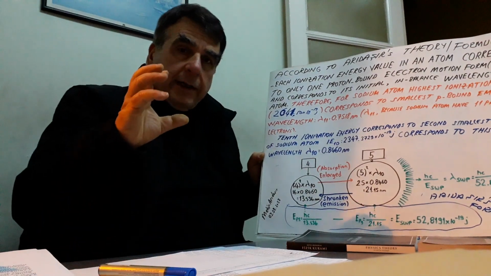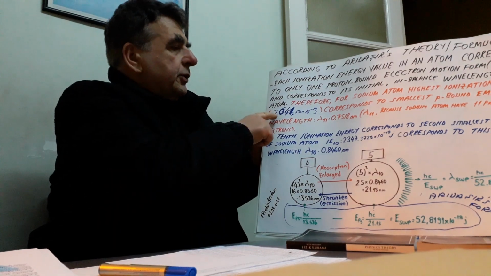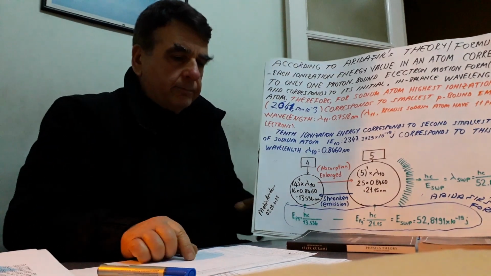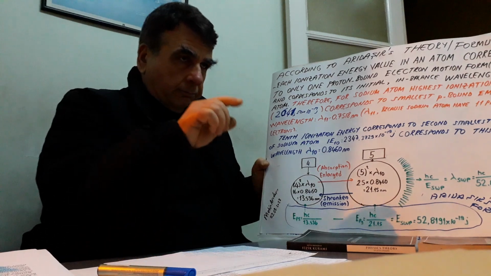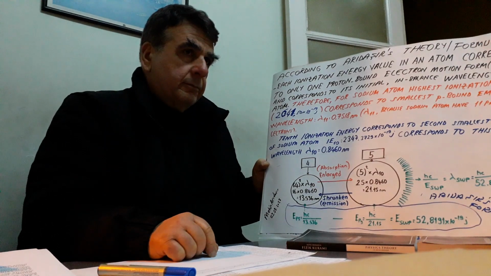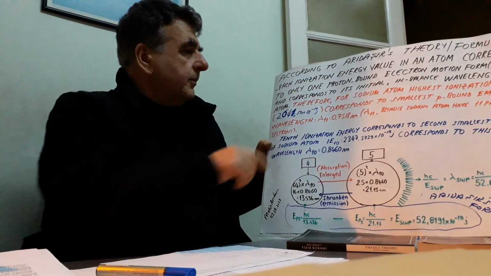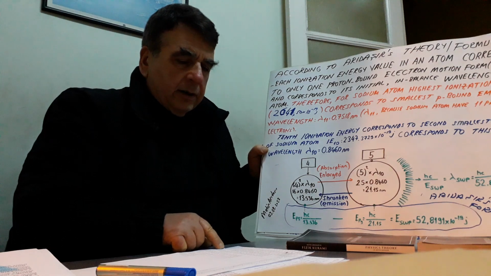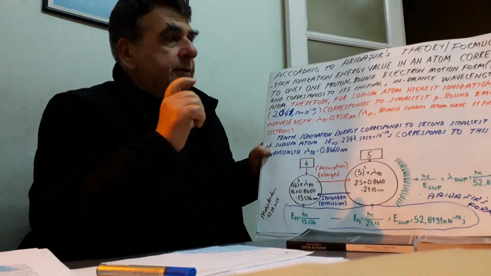Therefore, for the sodium atom, highest ionization energy 2641.50 times 10 to the minus 19 joule, in kilogram meter squared divided by second squared, or in joule. 2641.50 corresponds to the smallest proton-bound electron motion form.